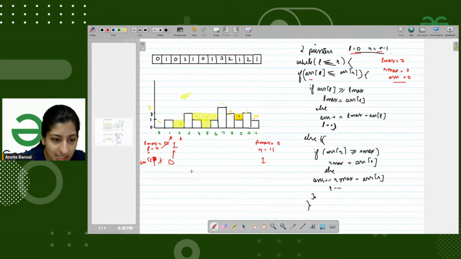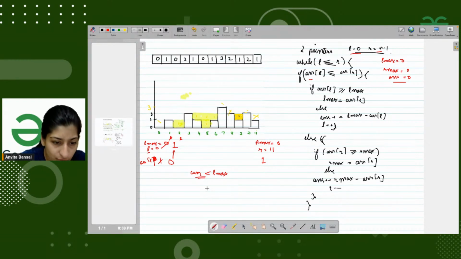Why? Because when the current value is less than your L max, this basically means that whichever position you are in the array, you can store some water because your L max is greater than your current height of tower. Okay, I hope you're understanding this.